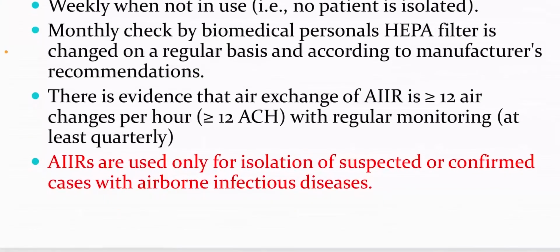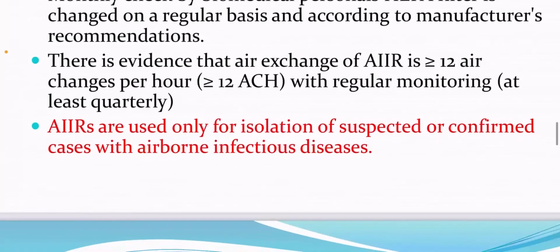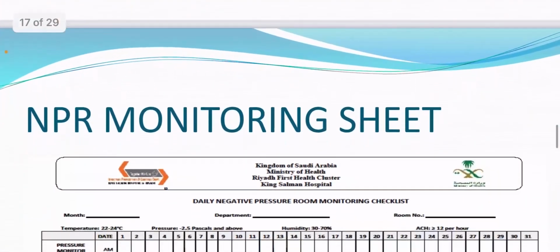There is evidence that air exchange of the airborne isolation room is more than 12 air changes per hour, with regular monitoring at least quarterly. Airborne isolation rooms are used only for isolation of suspected or confirmed cases with airborne infectious disease, not for ordinary patients.